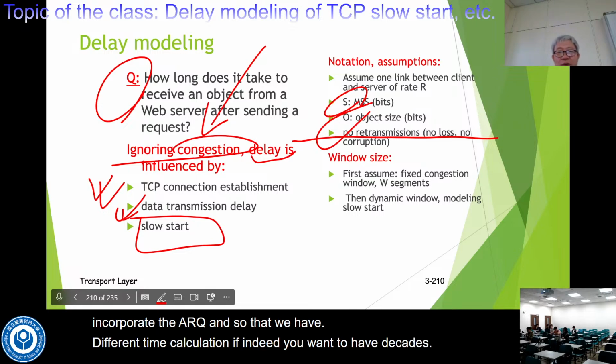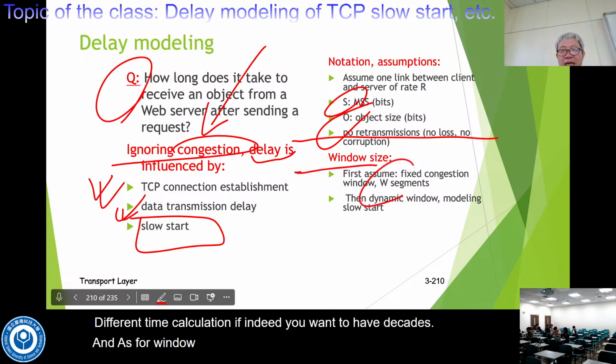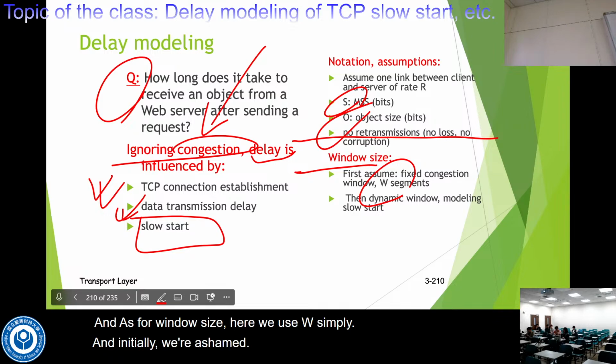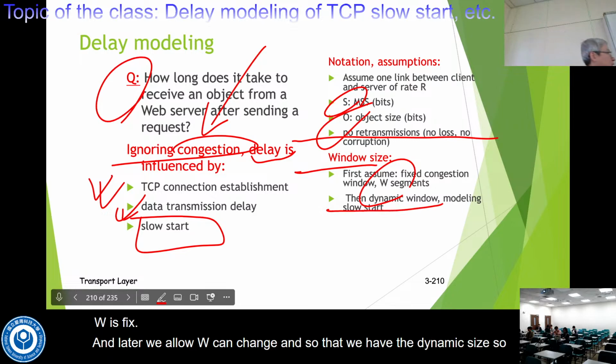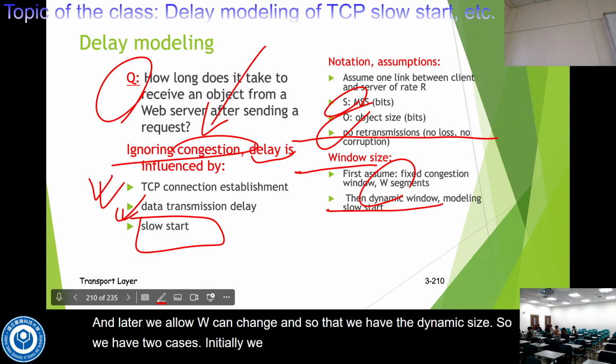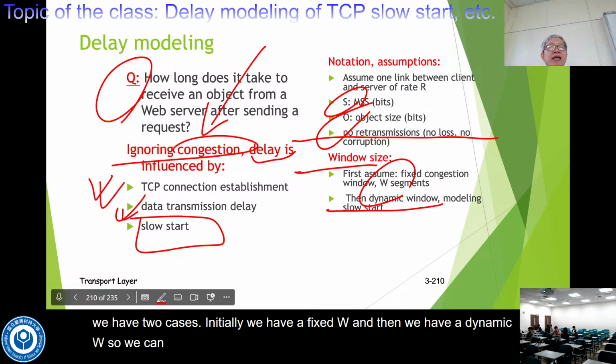And as for window size, here we simply use W. Initially, we assume W is fixed, and later we allow W to change, so that we have a dynamic size. So we have two cases: initially a fixed W, and then a dynamic W. So we can have the real calculation for the slow start phase.